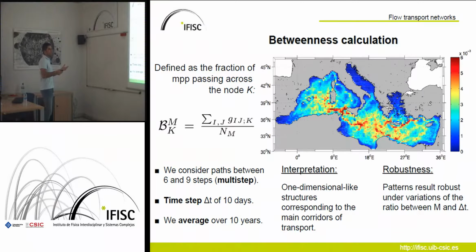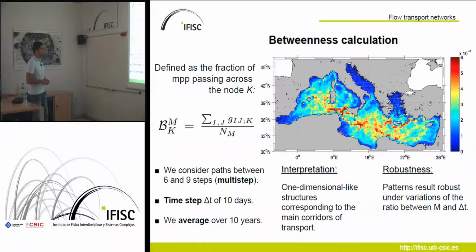After computing the set of most probable paths over many years, 10 years of the model, we redefined the betweenness of the network using the classical definition, but looking at the most probable path and not the shortest path.